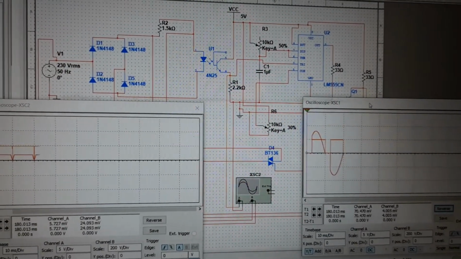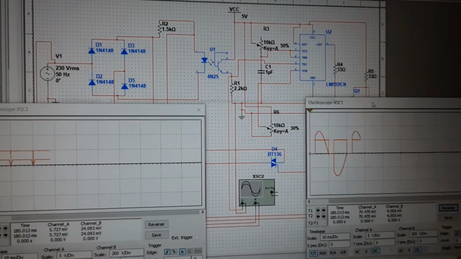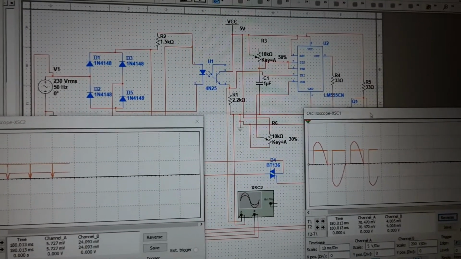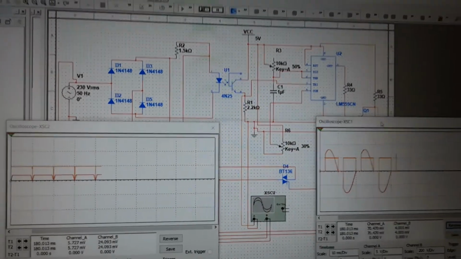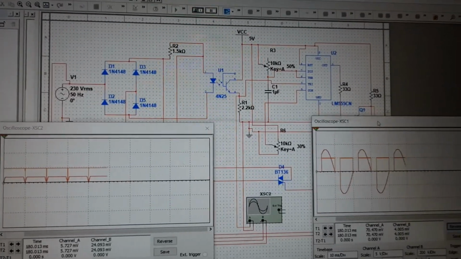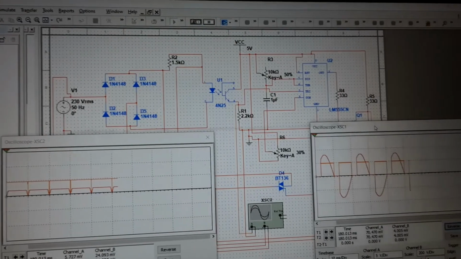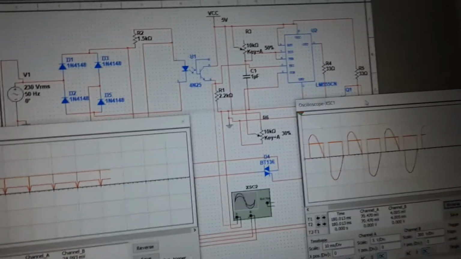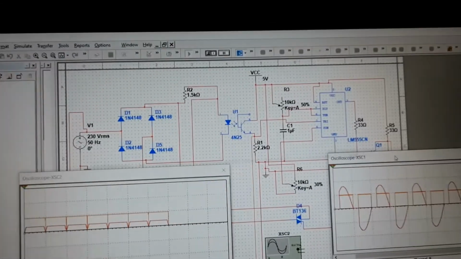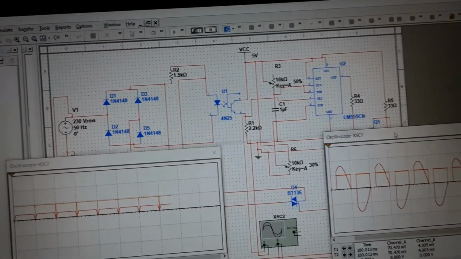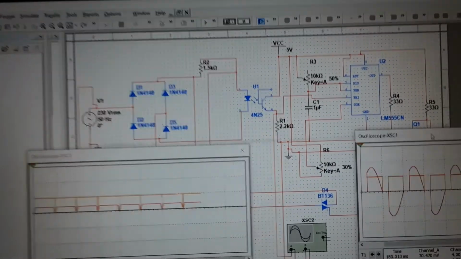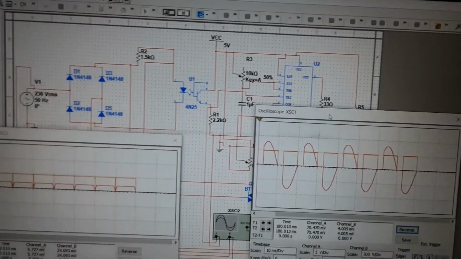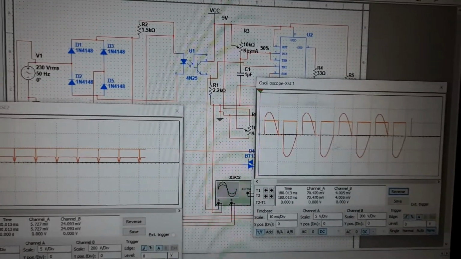The output of the 555 timer IC is inverted by using a transistor as a switch, as we are getting high at the start of the half cycle, but we want the triac to be fired when the output of the 555 timer goes low. So we have inverted it by using a transistor and connected its output with the gate.